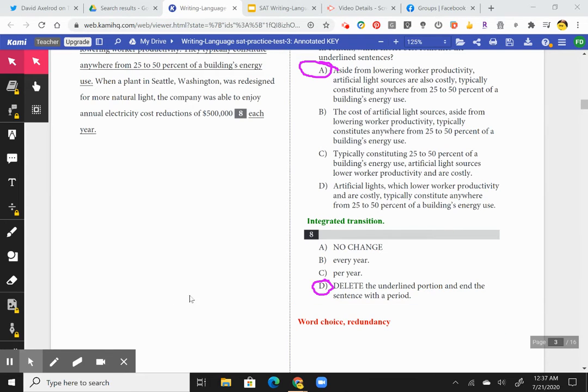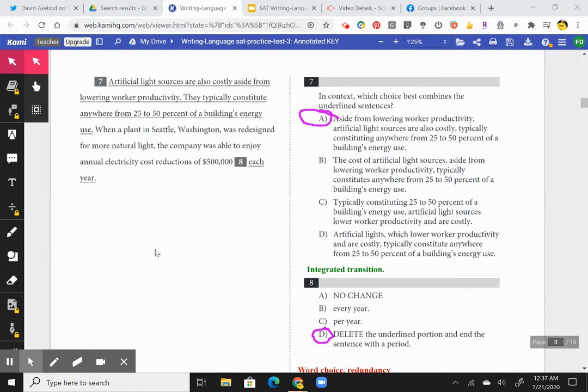Number 8 is again an omit type of question, and if you see delete there, it might mean that it's redundant. And sure enough: when a plant in Seattle, Washington was redesigned for more natural light, the company was able to enjoy annual electricity cost reductions of $500,000 each year.